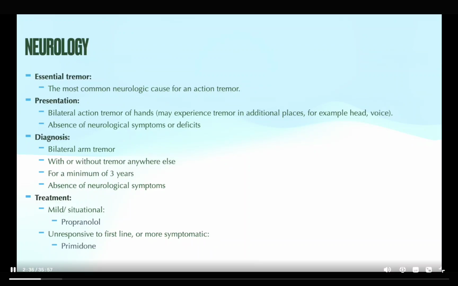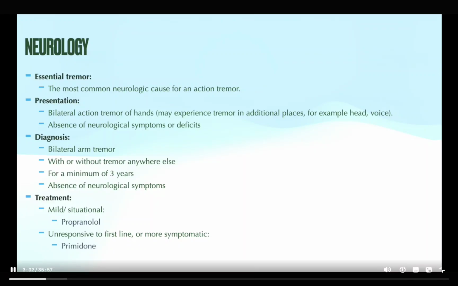For pharmacological treatment of the essential tremor, a couple of different medications are used. Again, propranolol, that is used for mild or situational tremor. Remember, though, that is a beta blocker, and so we want to definitely be cautious with who we are prescribing that to. And then if the patient has more frequent and severe symptoms, the next option listed is an agent called primidone.